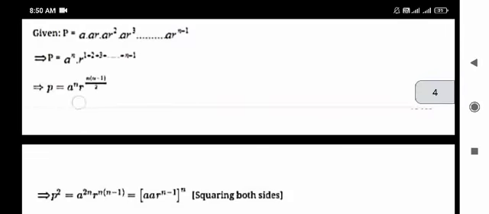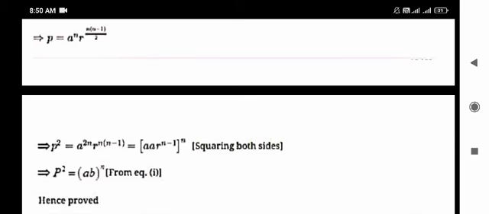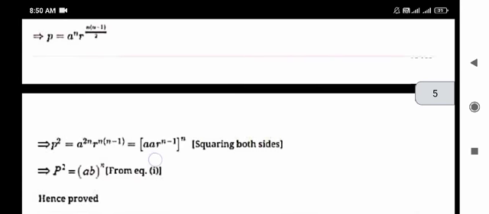Now, putting this formula, P is equal to a to the power n, r to the power n(n minus 1) by 2. Squaring both sides, a into a, r to the power n minus 1 to the power n. We are taking n as the common value.